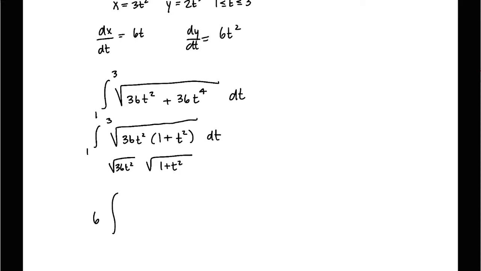We'd get 6, which we could factor out, a t which we cannot factor out, still integrating from 1 to 3, and we have the square root of 1 plus t squared dt.